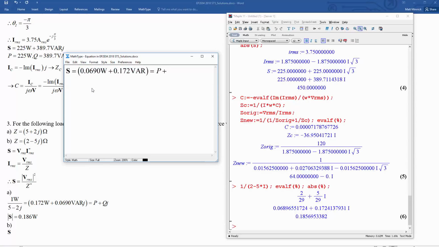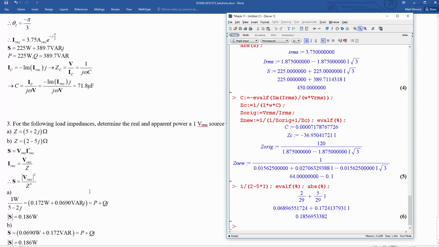And this is equal to P plus Qj. And the apparent power, because all we've ended up doing is reversing the sign, that doesn't end up mattering, and switching which was the real and which was the imaginary impedance number, the 5 and the 2, we still end up with a 5 and a 2, so we get the exact same apparent power of 0.186 watts.